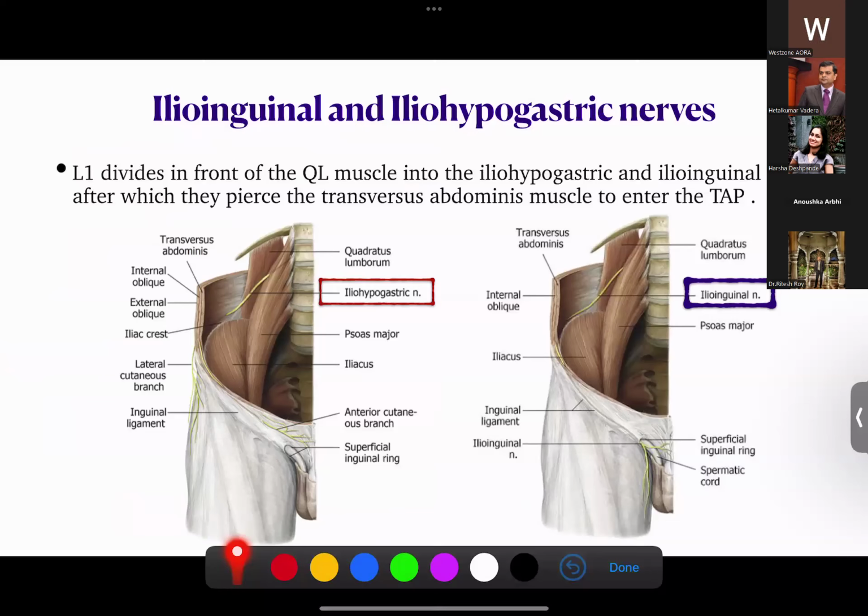The ilioinguinal and the iliohypogastric nerves. The L1 is divided in front of the QL muscle into the ilioinguinal and iliohypogastric nerves.